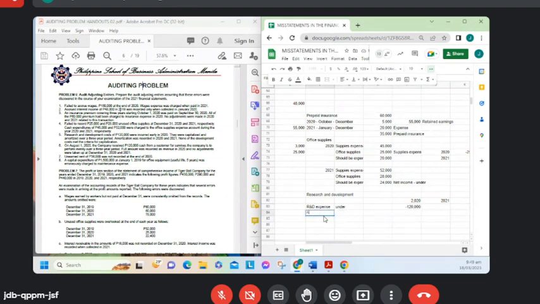Then there is an amortization in 2020. So that amortization will result to an overstatement in amortization expense. Supposedly there should be no amortization expense. So resulting to understated net income.